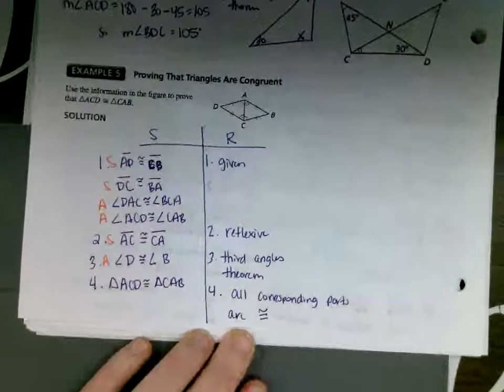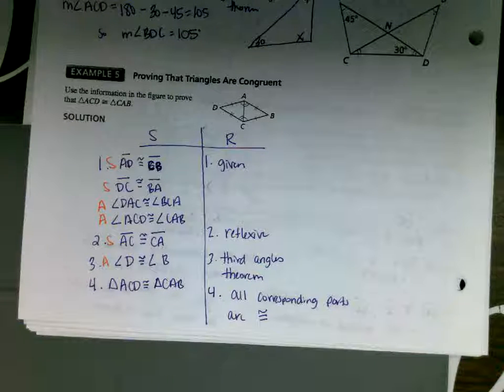Okay, so those are maybe some things that I need to add to our proofs list as reasons that you can use. So make sure you make note of those, of when I use them and why I use them. If you have any questions, please let me know, but this should give you a good start on your assignment.